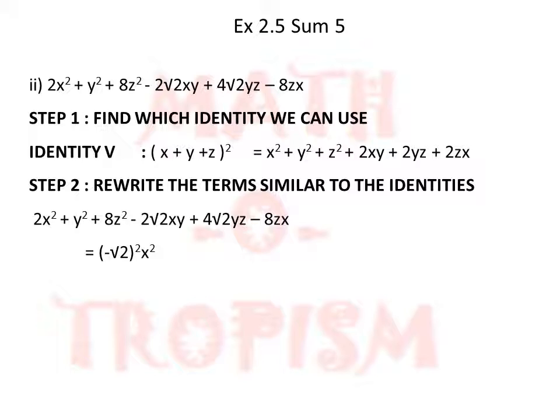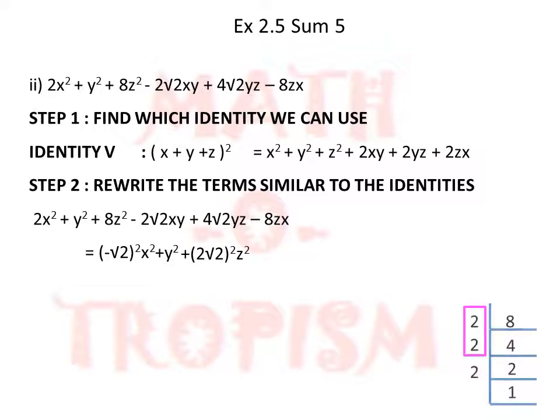If I am going to take the square root of 8, when I factorize 8, you can see that we have three 2's. So there is one pair of 2 and 2, and a single 2 left. So when I take the square root, it will be 2 root 2. So 8 can be written as 2 root 2 square z square.